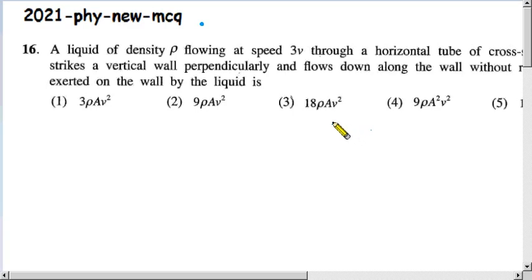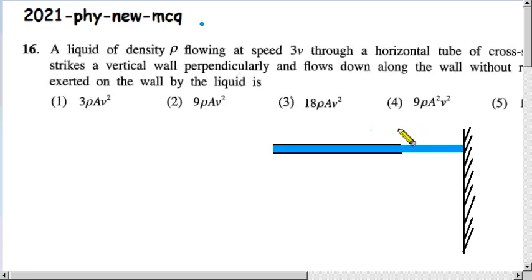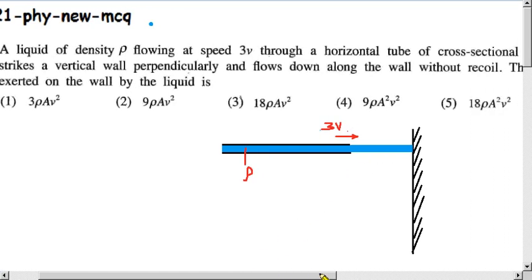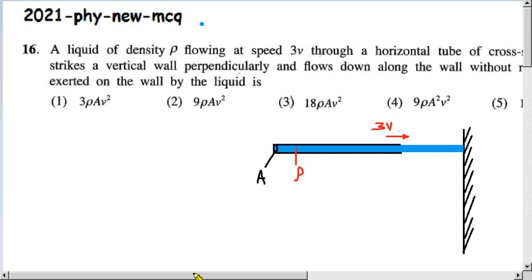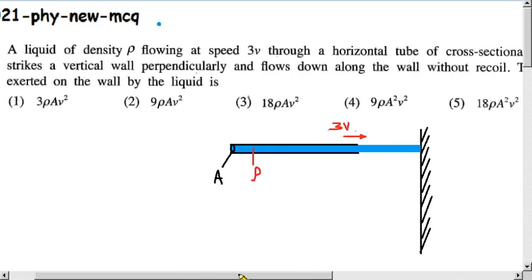So let us draw a little sketch. So suppose the density they have given as rho, flowing at speed 3 times v, then the speed is 3 times v, through a horizontal tube, cross sectional area capital A, strikes a vertical wall perpendicularly and flows down along the wall without recoil.